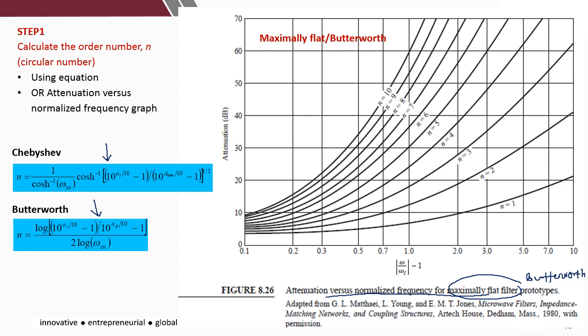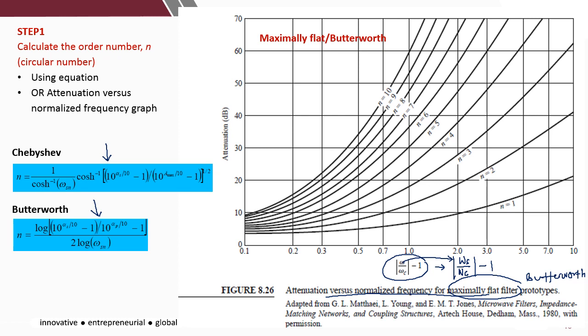First, you get the x-axis representing omega over omega c minus 1, in which omega here is actually omega s over omega c minus 1, the stop band frequency.